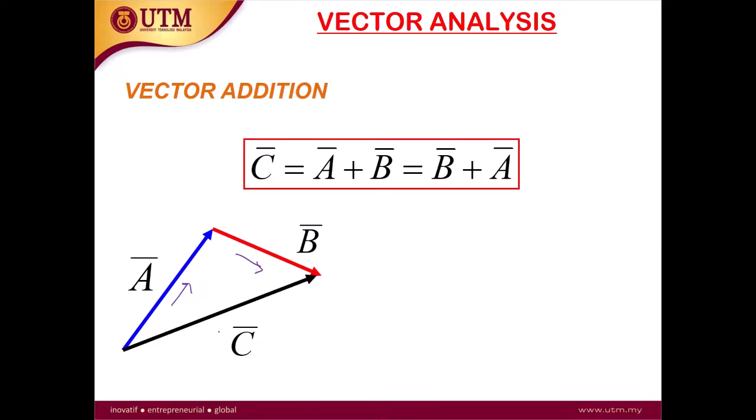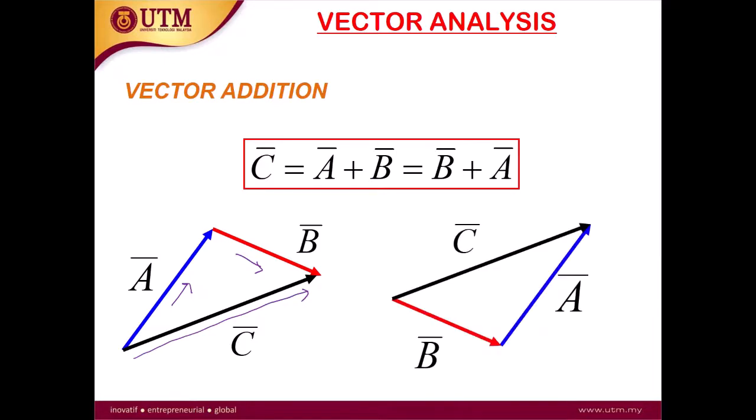So we will obtain vector C from this point to this point, where vector C is equal to A plus B. Or we can write it in this form, where vector C is equal to vector B plus vector A. We start with B first, and then add A, and you can see that it forms the same vector C, the same direction, the same magnitude.